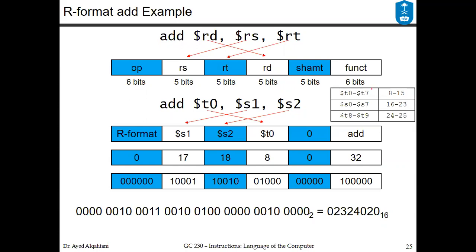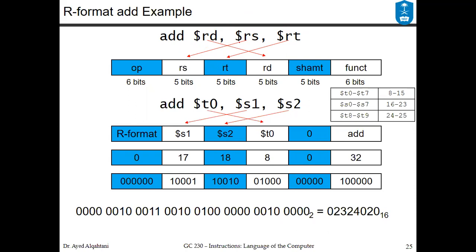Now we said when we wrote the instruction that this is a source, this is the source, you add them together and you put the result in the RD. Now, if you want to get the machine code of this instruction, the RD is here.